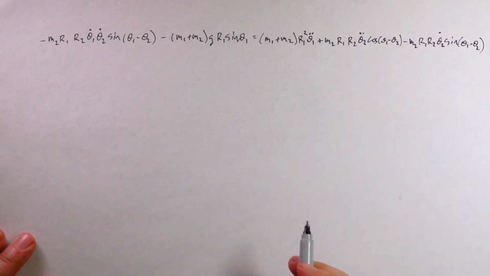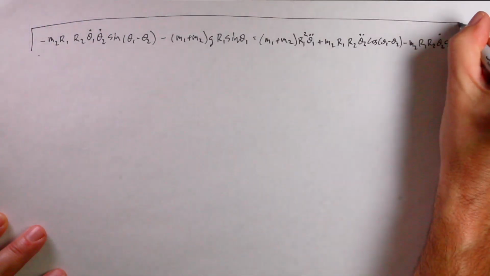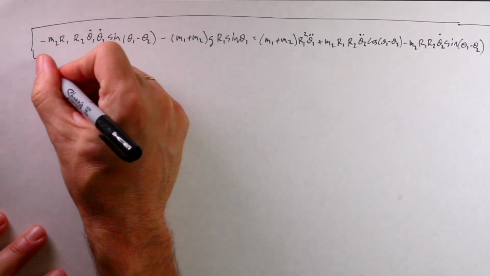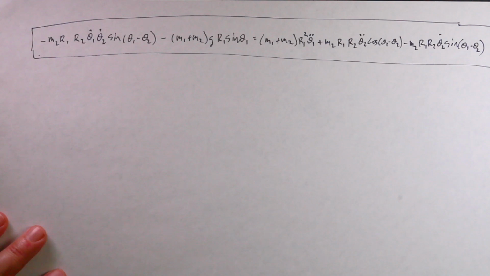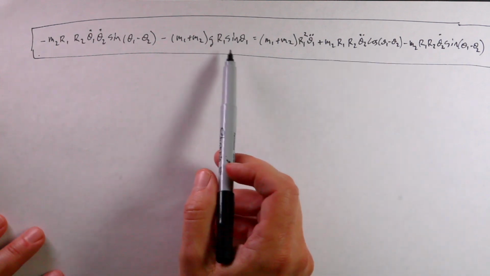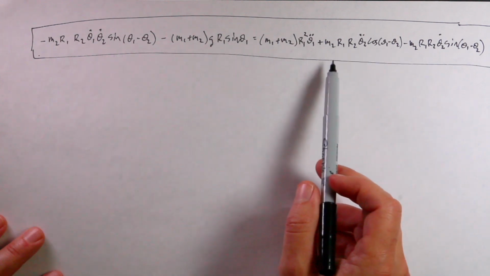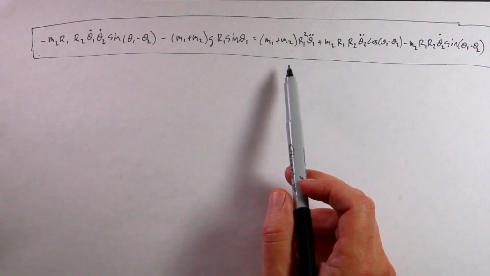Whew, I made it. Okay, so I'm putting a box around that, because this is a differential equation of motion. Let's see if that simplifies. Okay, yeah, it does. But where did my term go? I dropped off a term.